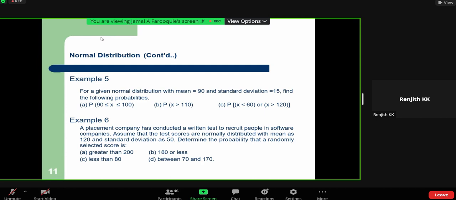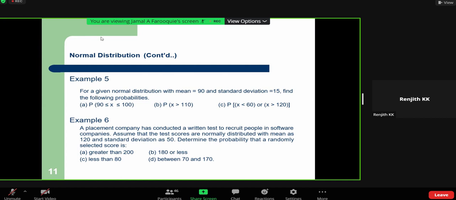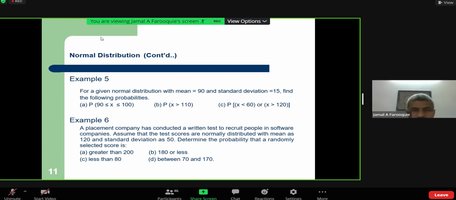But sir, since the mean is also 90, should we find out 90 separately? The mean itself is 90, but the probability which you want to know is what is the probability that a randomly chosen X varies between 90 and 100. This you want to know.